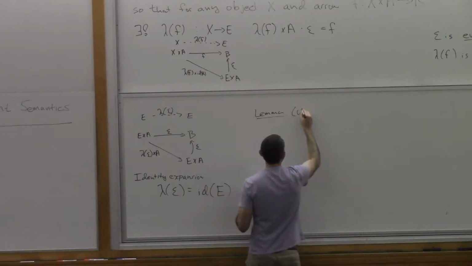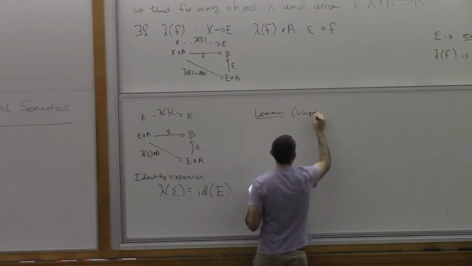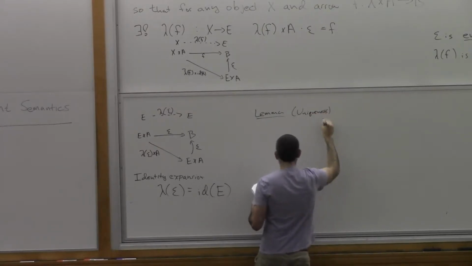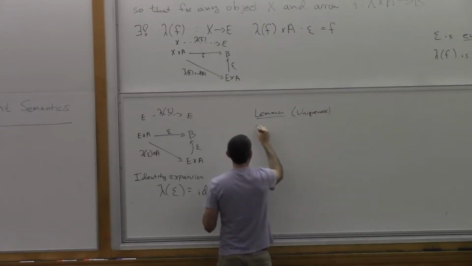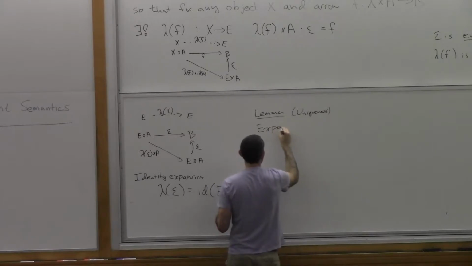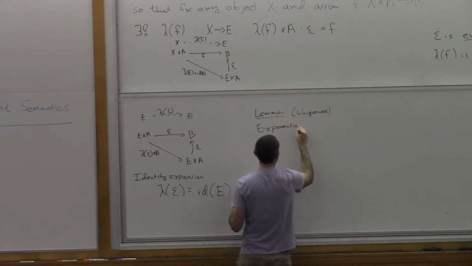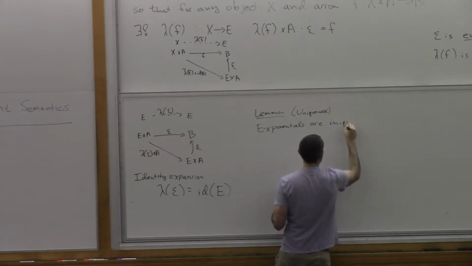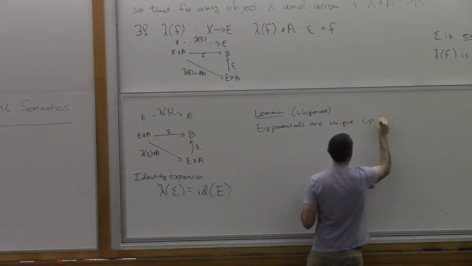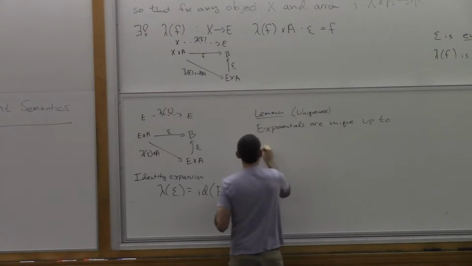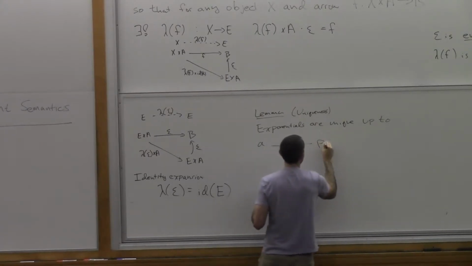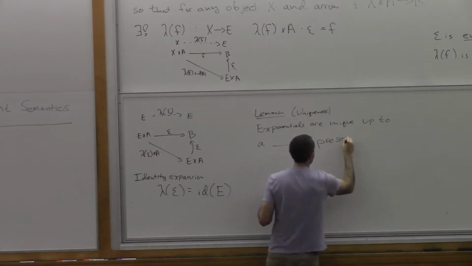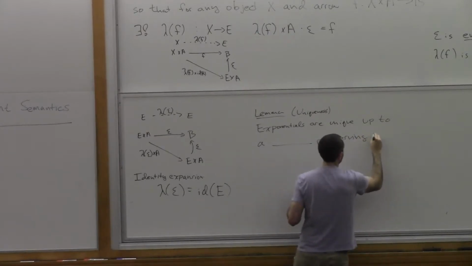This is the uniqueness lemma, and it says that exponentials are unique up to a something-preserving isomorphism.